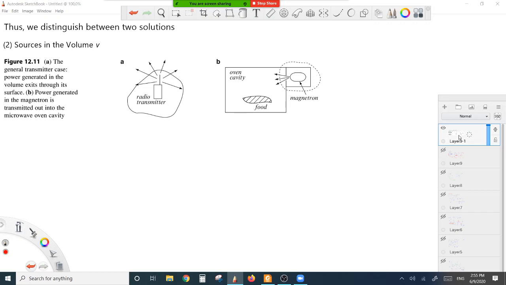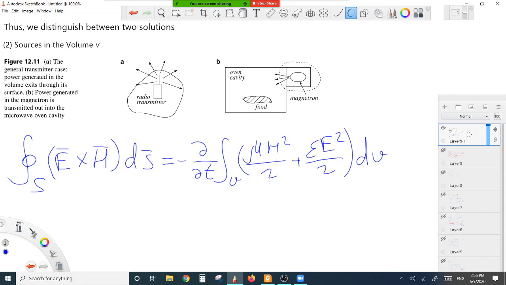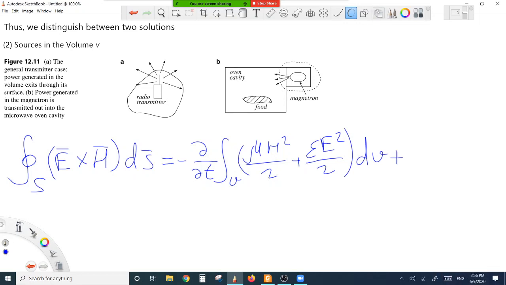That's why Poynting's theorem now becomes: the integral over S of E cross H dS is equal to minus d/dt of the integral over the volume V of mu H squared over 2 plus epsilon E squared over 2 dV, plus the integral of E dot J.